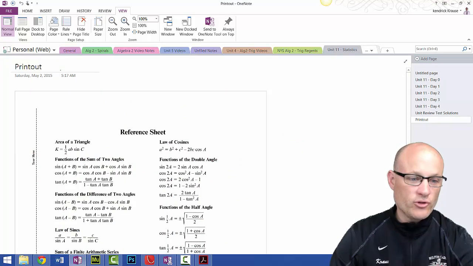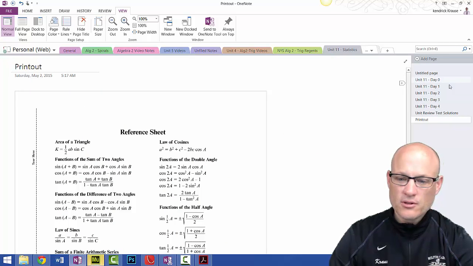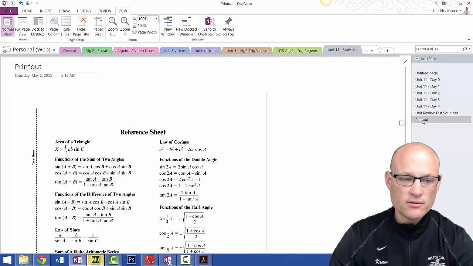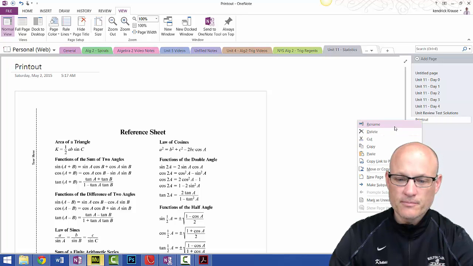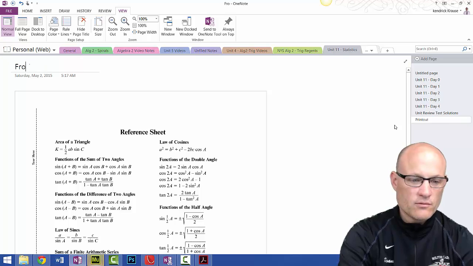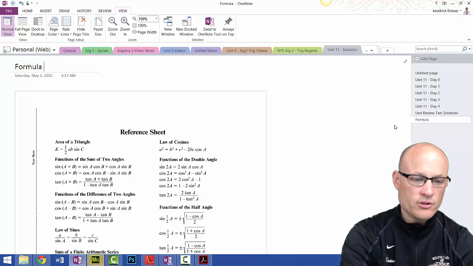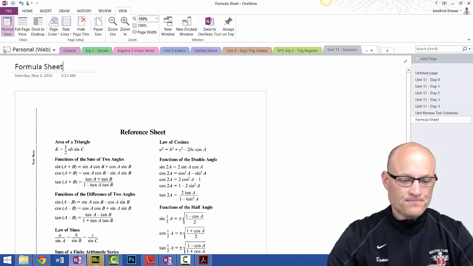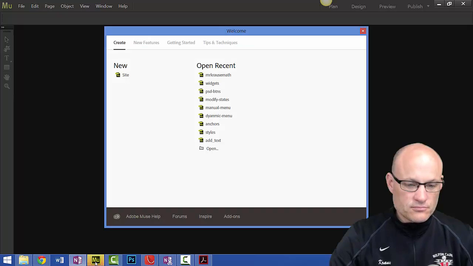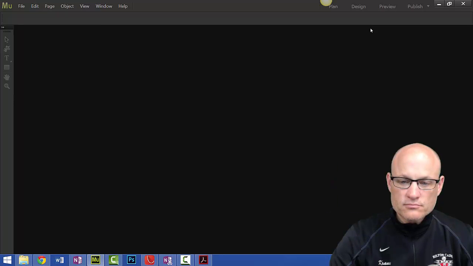Call it the formula sheet. Sorry, got too much open.